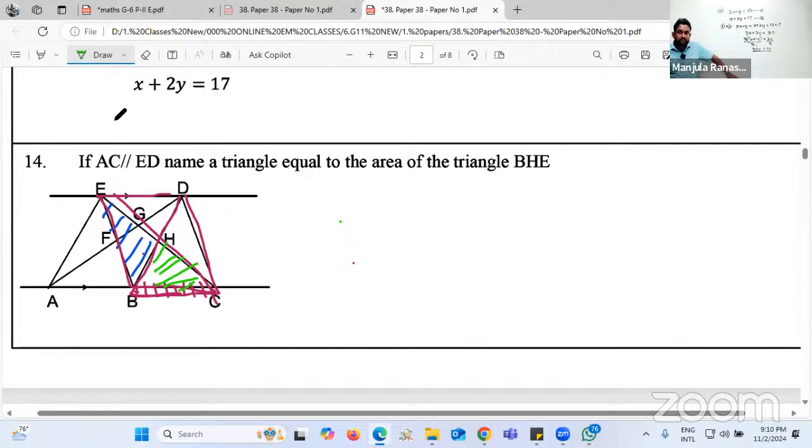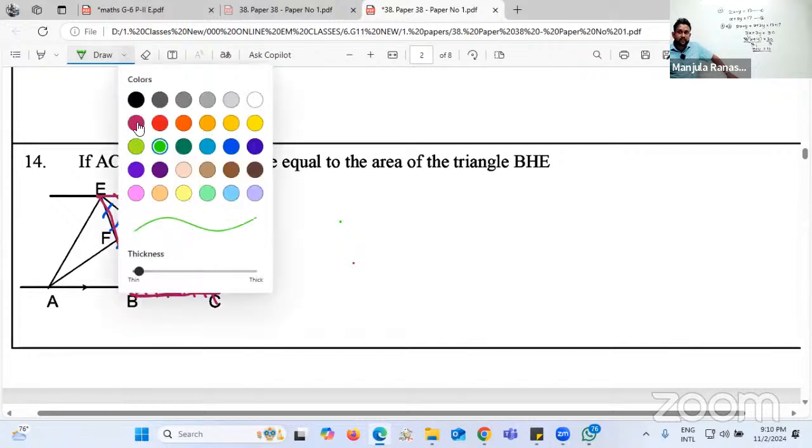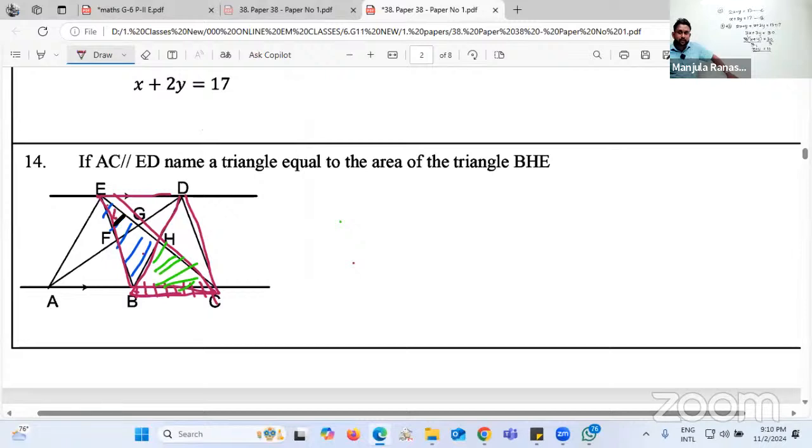Then you can see the balance, the two remaining triangles are this part and this one. So what are the two equal parts? You can write triangle BHE is equal, area wise, to triangle DEC, DHC triangle area wise.